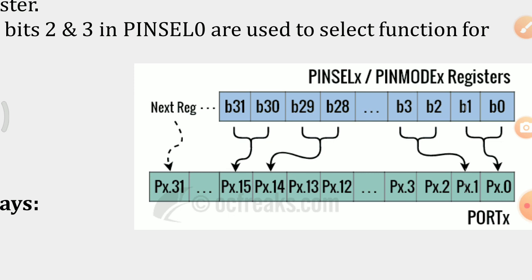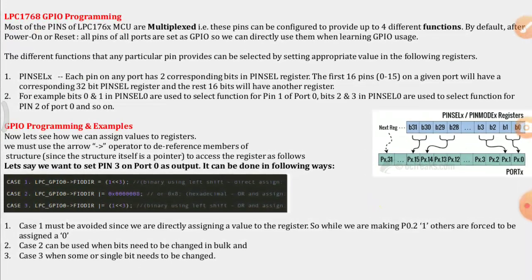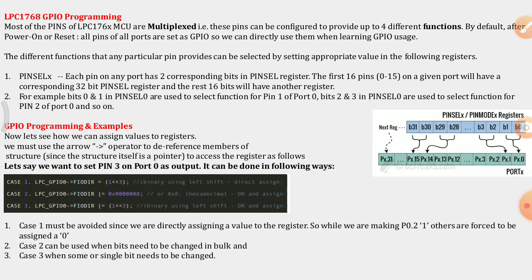So pin select 0 to pin select 9, a total of 10 pin select registers. For example, bits 0 and 1 in pin select 0 are used to select the function for pin 0 of port 0. Bits 2 and 3 in pin select 0 are used to select the function for pin 1 of port 0, and so on.